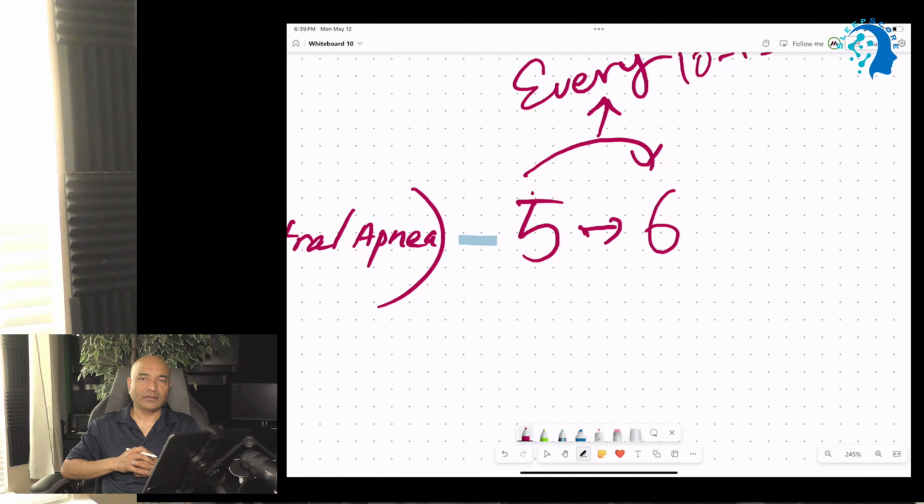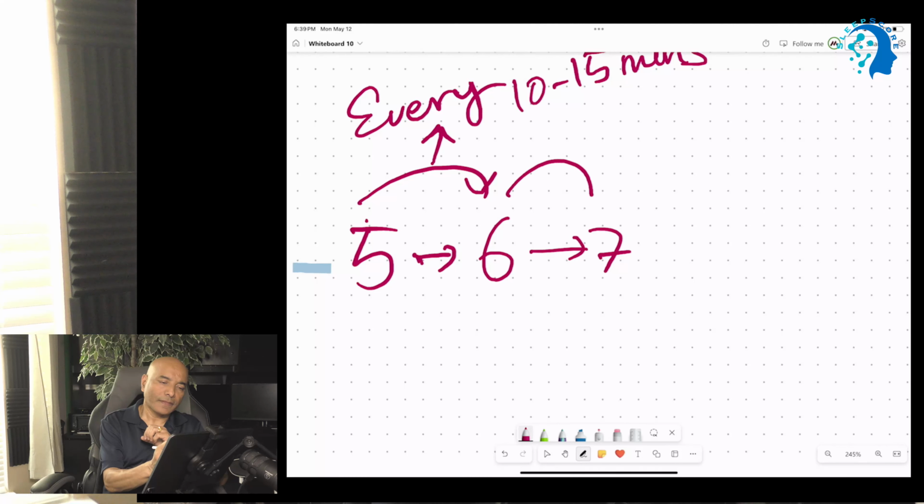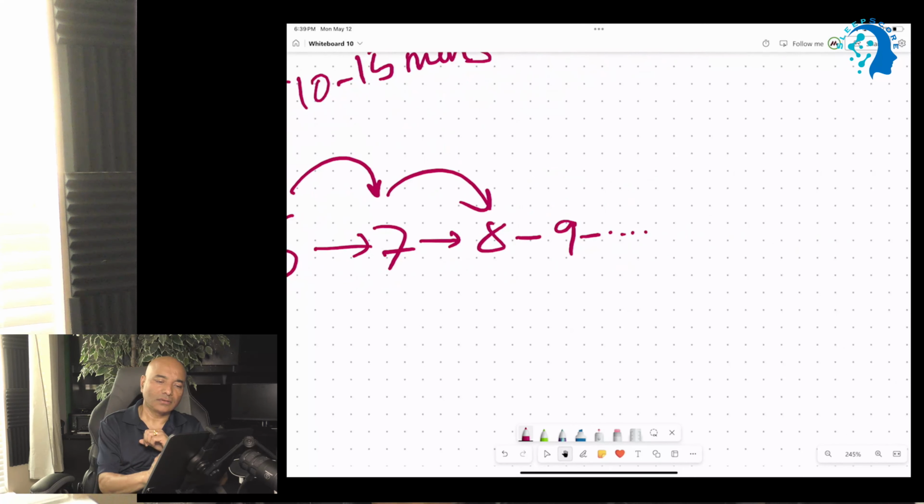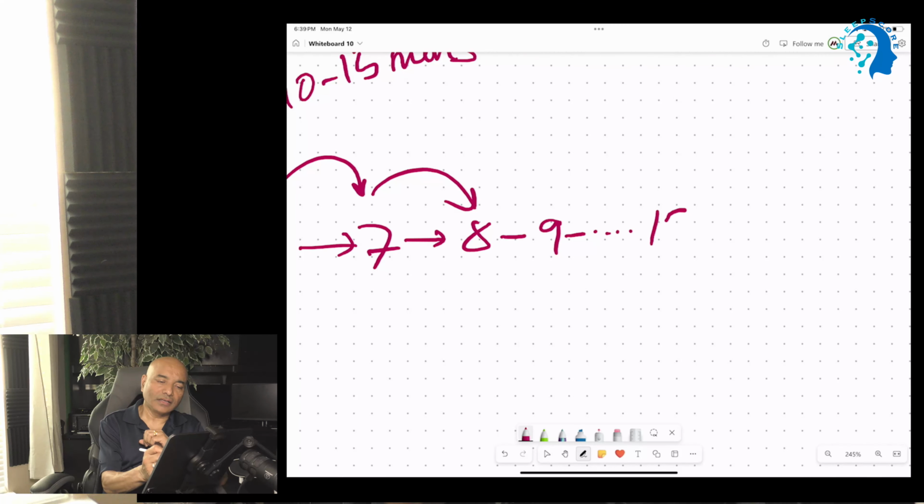Look, it is not difficult. It's really easy to do treatment. And you see again, 8. 8 to 9, and so on. Let's say 12 cm H2O.